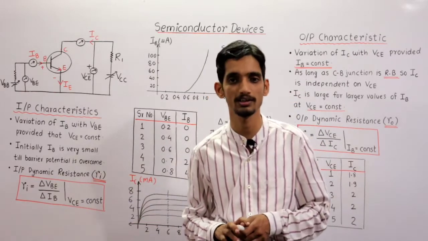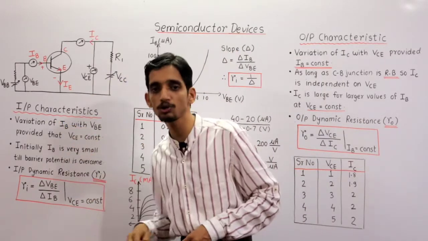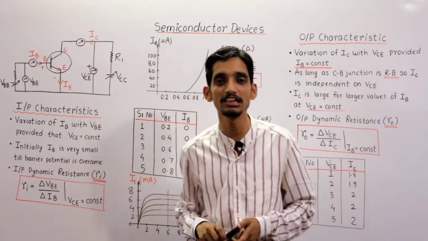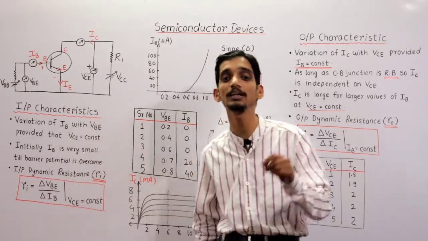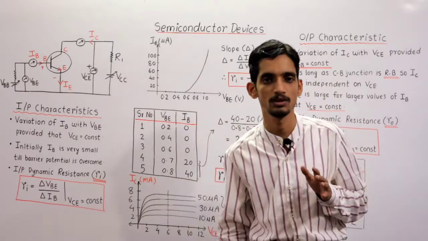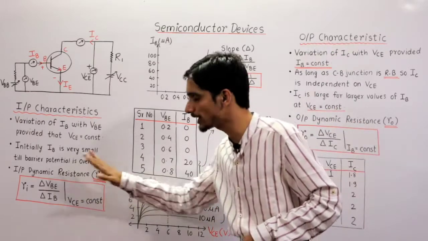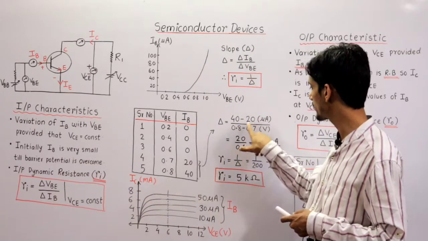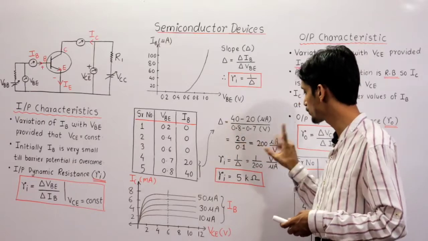So this is also important. In these input characteristics, there is a variation of base current with variation in base to emitter voltage, provided that VCE is constant. Now we will calculate this input dynamic resistance. It is 40 minus 20 by 0.8 minus 0.7, so the slope is 200.